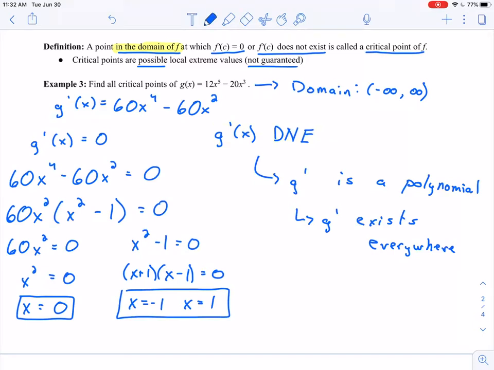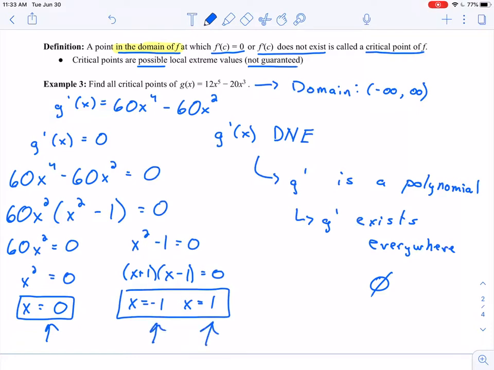If you want to, sometimes I'll put no solution, which technically isn't an equation. We're not solving anything, but it helps me remember that we're not going to have any additional critical numbers here. So we've got 3, though. We've got x equals 0, x equals -1, and x equals +1.